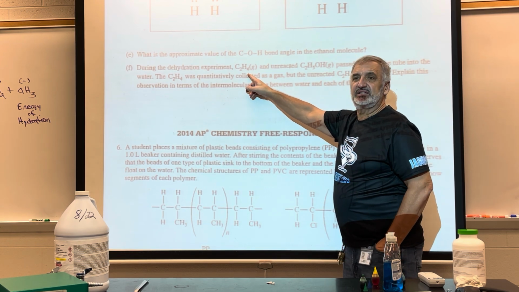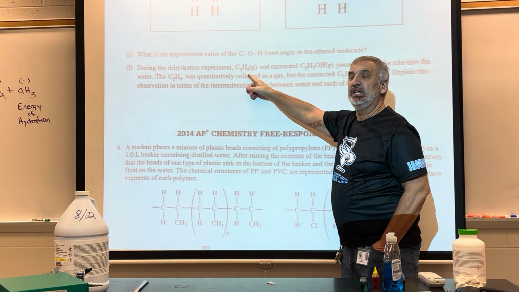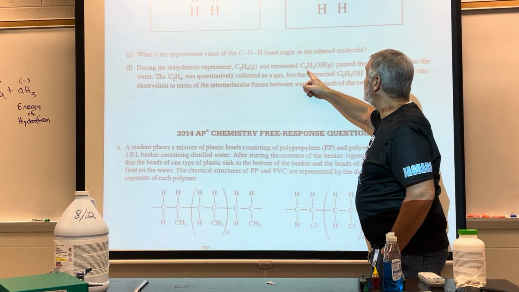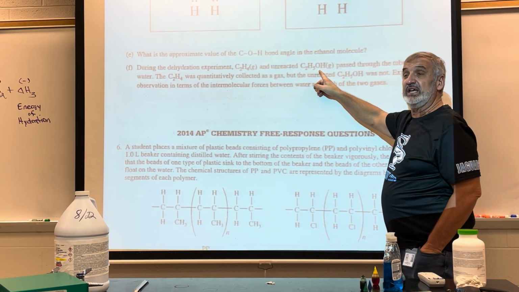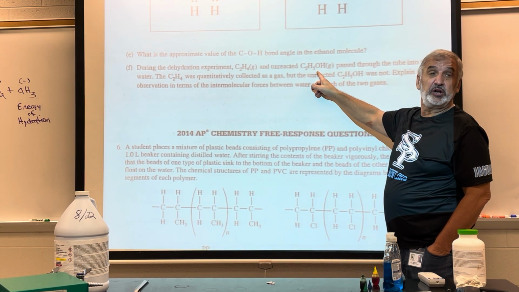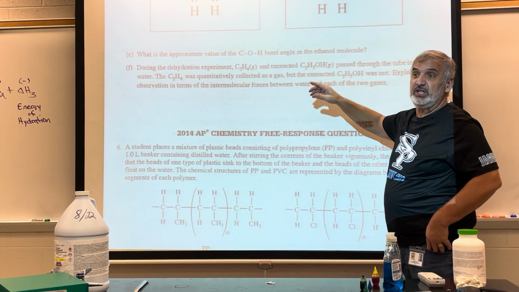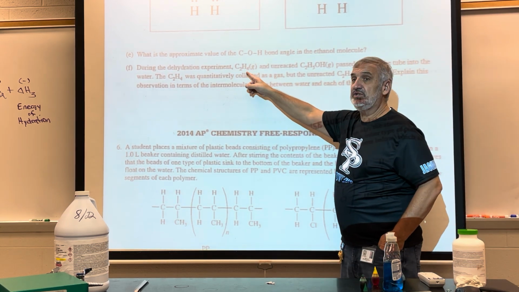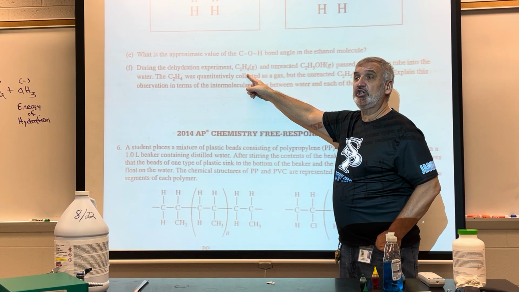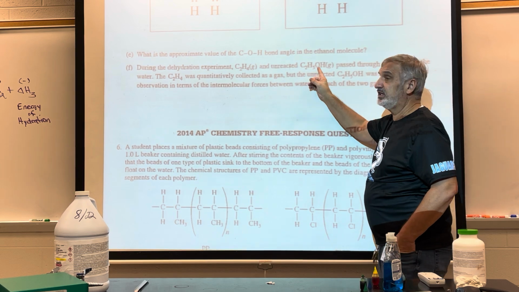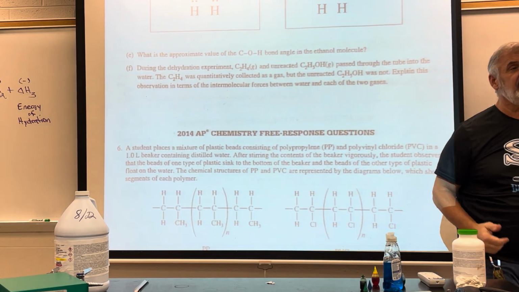I'm gonna say this: C2H4 is only sparingly soluble in water, whereas C2H5OH is 100% miscible in water. 100% soluble. Miscible means you can mix them in any ratio. Okay? Why would the C2H4 only be partially soluble, sparingly soluble, whereas the C2H5OH is completely soluble?